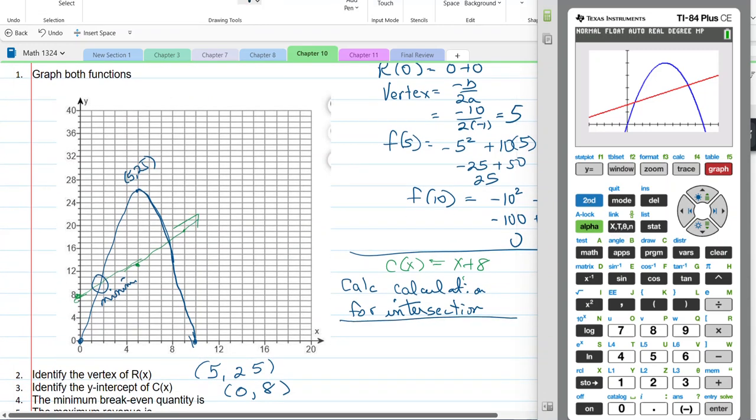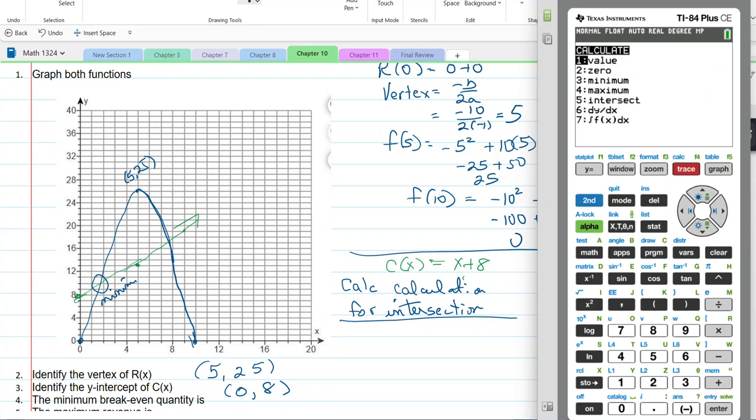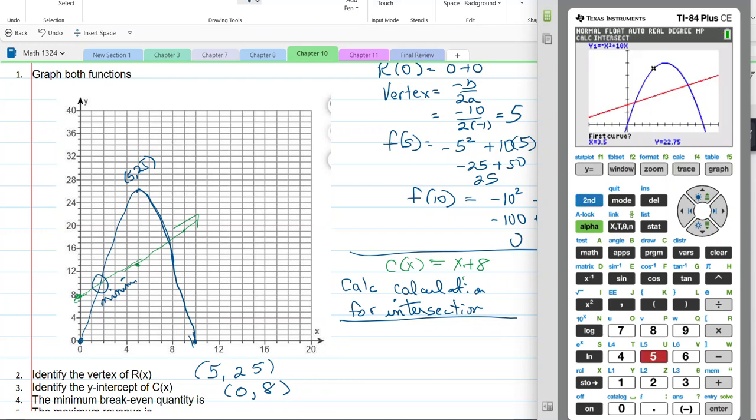So we're going to do second calc, and we're going to do 5. We're going to move the cursor to where we think the answer is, where the red and the blue cross, and we're going to enter, enter, enter, and we get 1 and 8.